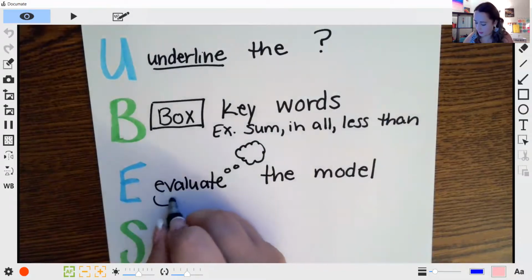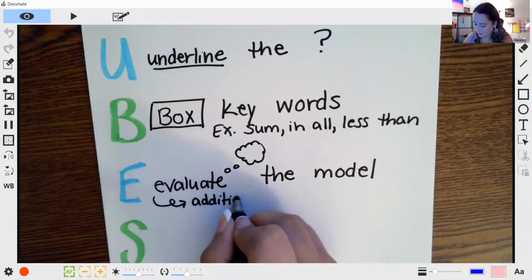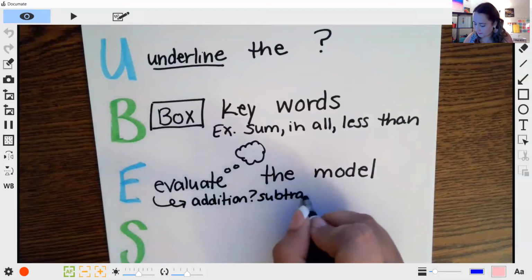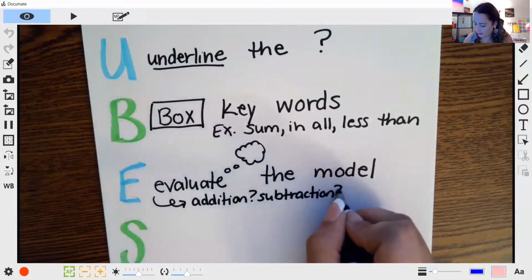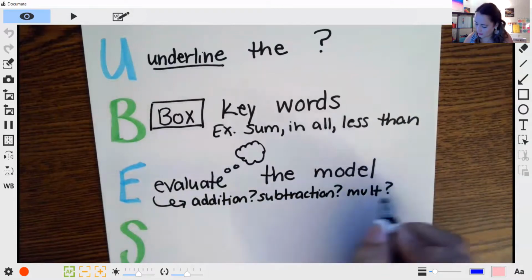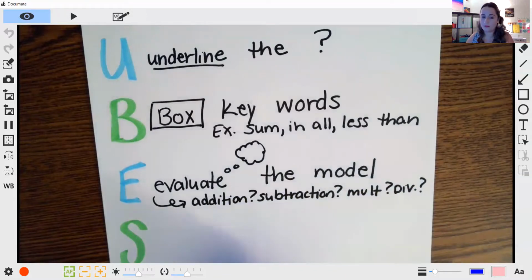So I'm going to put addition, subtraction, multiplication, or division. See if I could fit, and I'll just abbreviate it, okay?